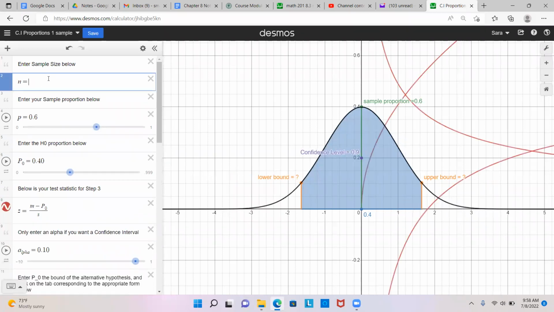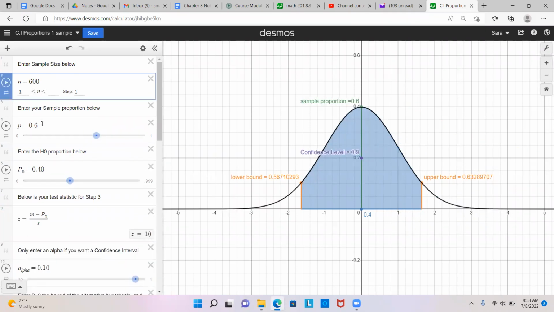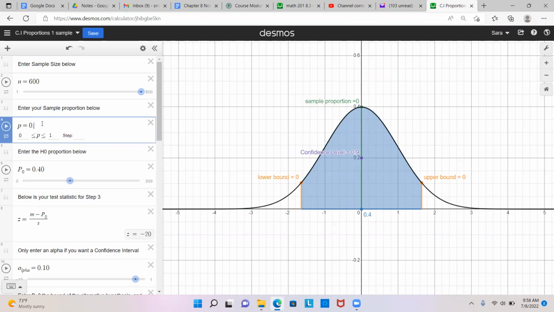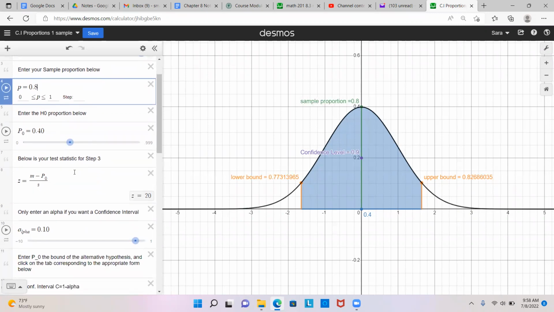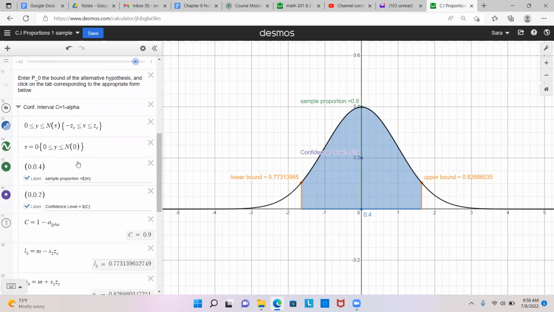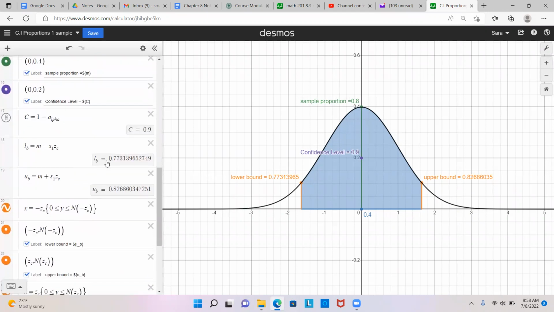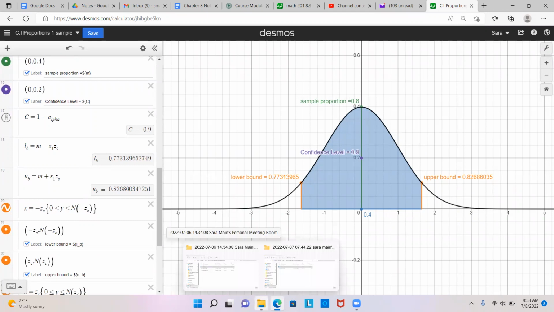So we have 600 in our sample. The proportion is 0.8, and our alpha is still 0.10. So here's our lower bound, 0.773. And our upper bound is 0.827.